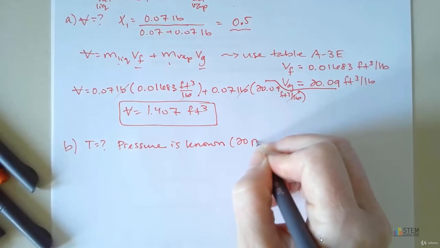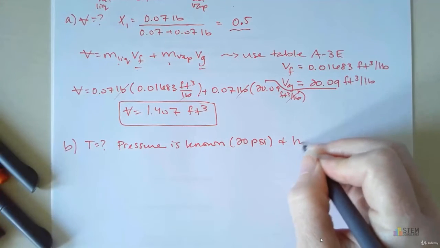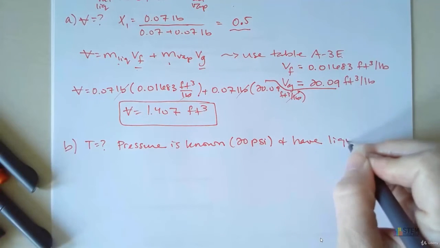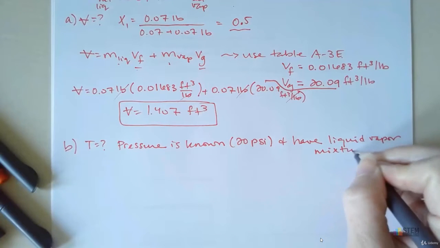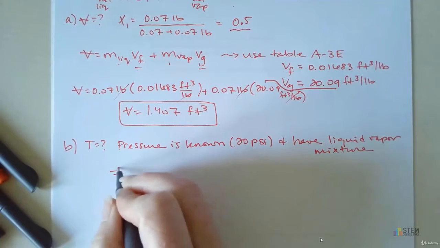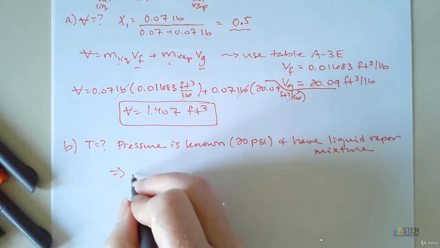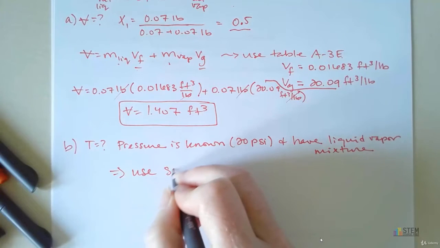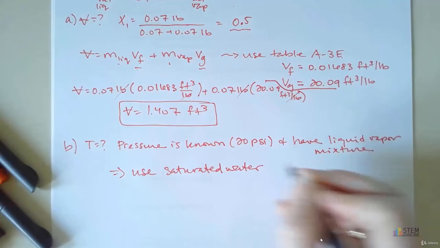So it's 20 psi. And we also know that we have a liquid vapor mixture. So with that, we know we can use the saturated water table to get our information.